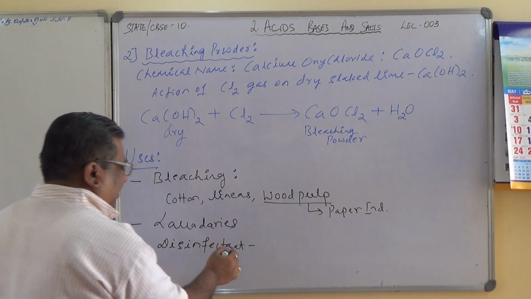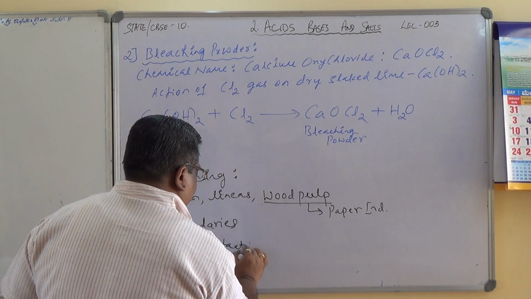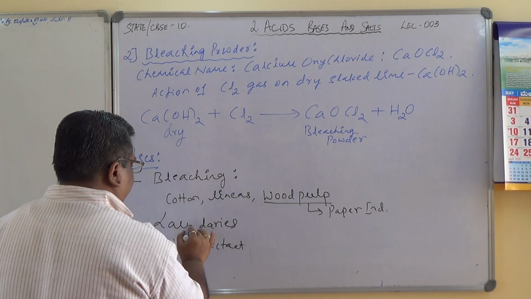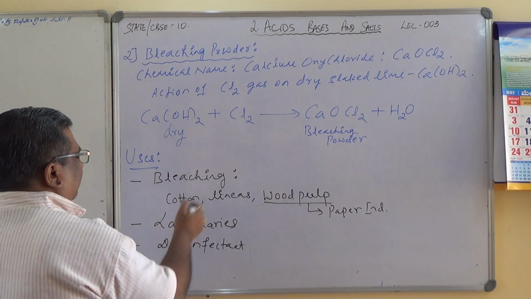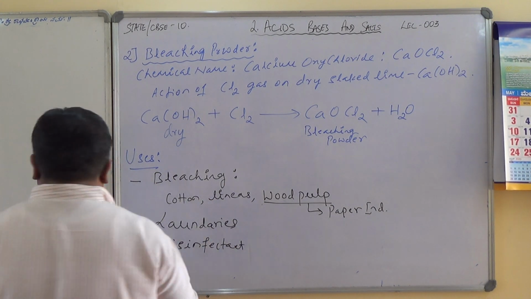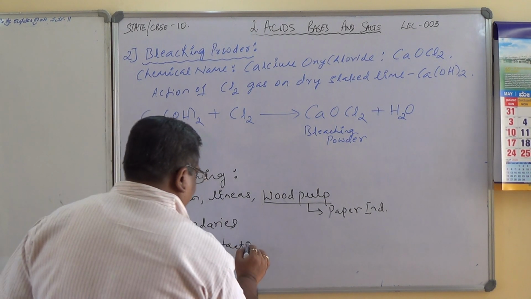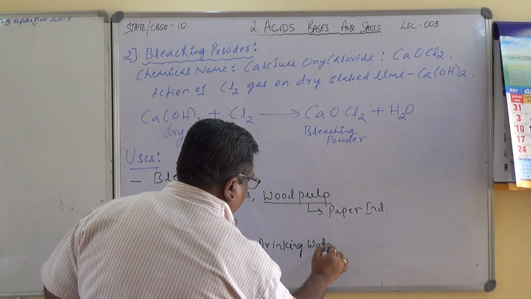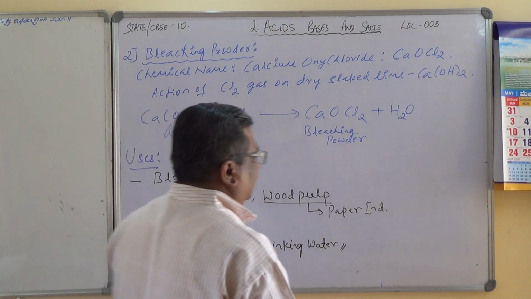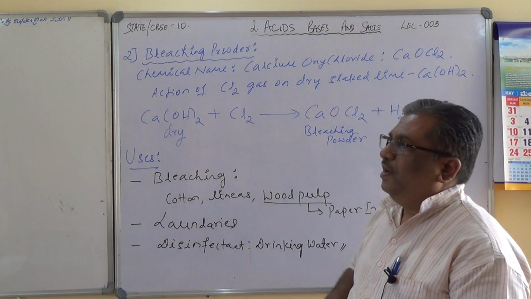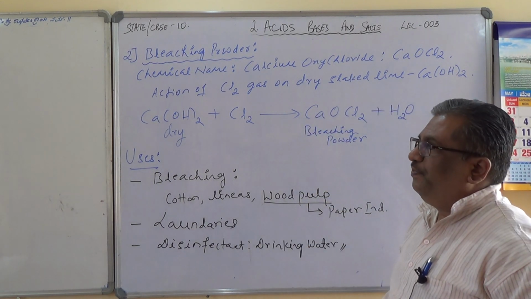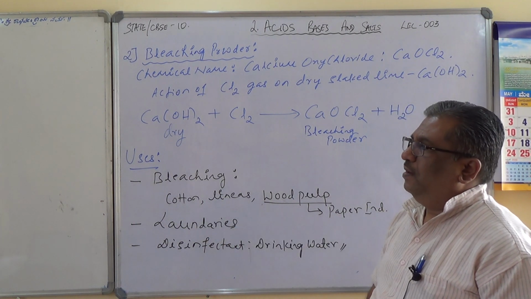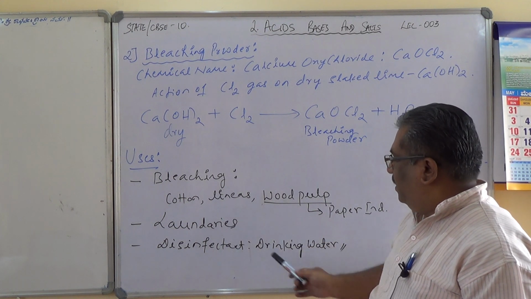It is used as a disinfectant for water. Okay, what else? Bleaching, laundries, as a disinfectant for drinking water. Then let me see if any more applications are there. For bleaching of cottons and linens, wood pulp, washed clothes in laundries, and for disinfectant in drinking waters.